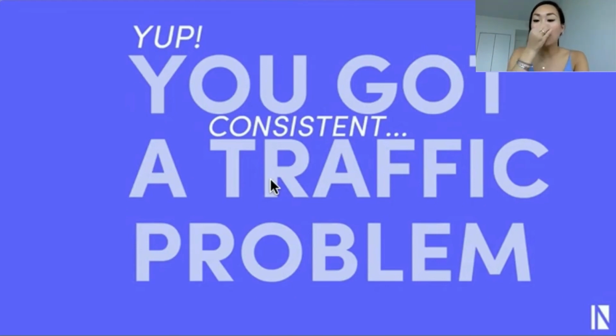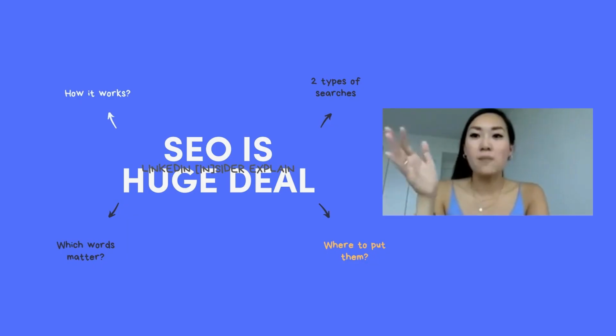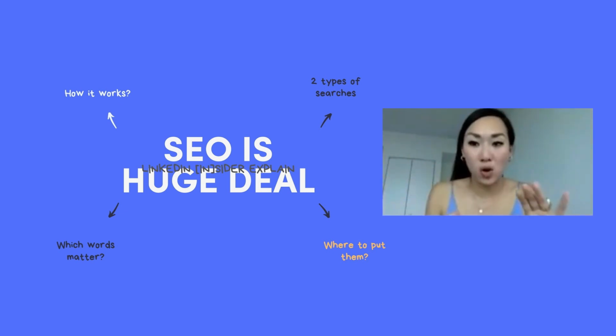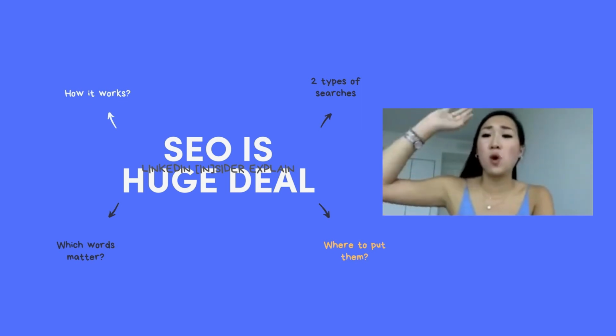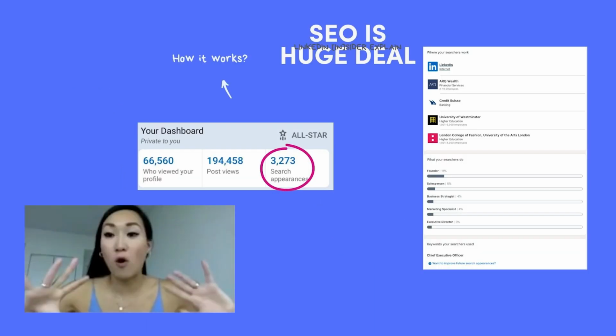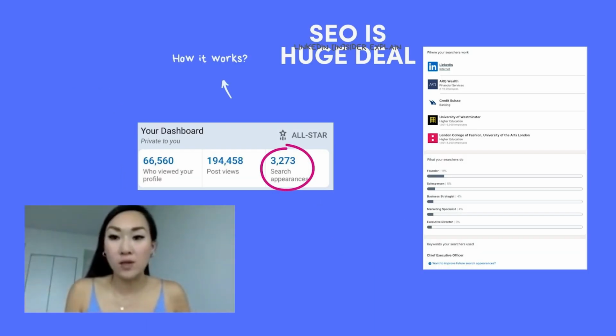Or content? So if you have a traffic problem, I'm going to teach you how you can take an insider look from an ex-LinkedIner at how SEO works on LinkedIn, as well as where to put it. I can't be talking too much about it, I don't have all the time in the world, but this is how it works, right?